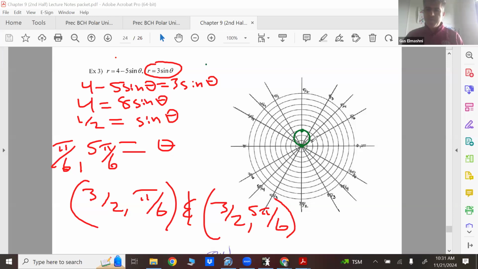So what's the inner loop, guys? There's 1 outer loop. Oh goodness, 1, 2, 3, 4, 5, 6, 7, 8, 9. And then let's figure out where it's touching at 0. If I plug in 0, 4, yeah, right.